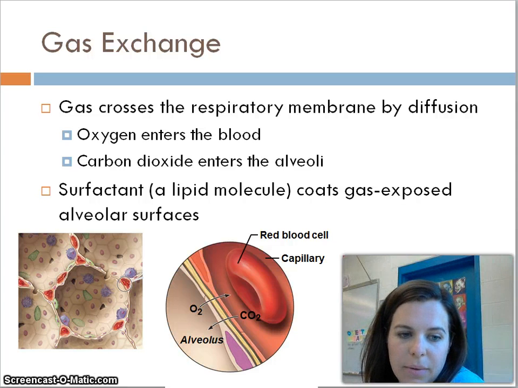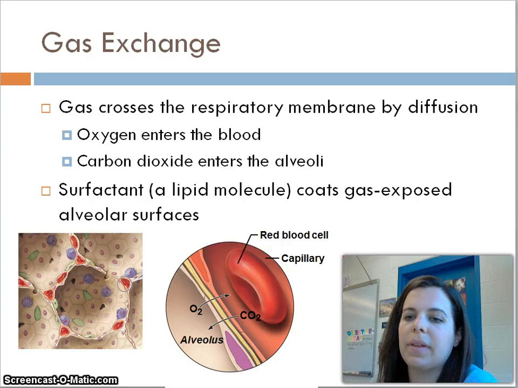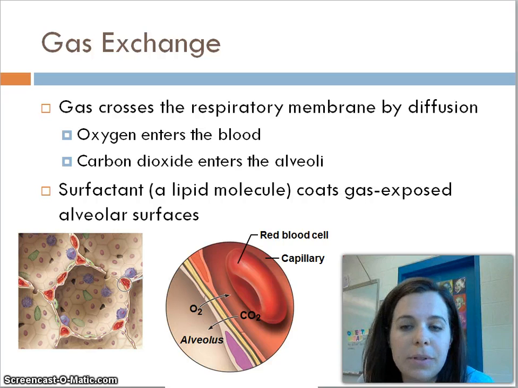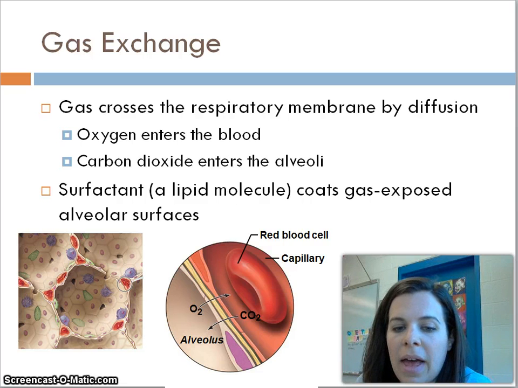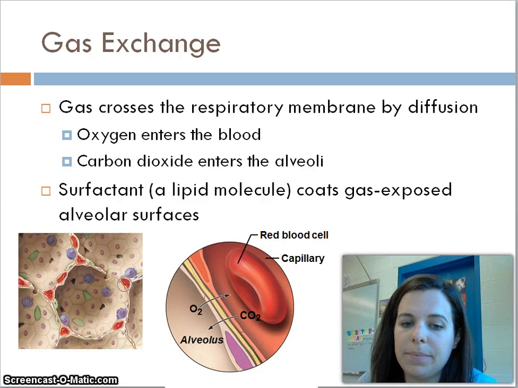So gas exchange, again, only occurs in the alveoli, and it crosses by simple diffusion, so there's no energy required. And alveoli are very small sacs of air, and they can close in on themselves very easily. And so there's a molecule called surfactant that coats any gas-exposed area of the alveoli.